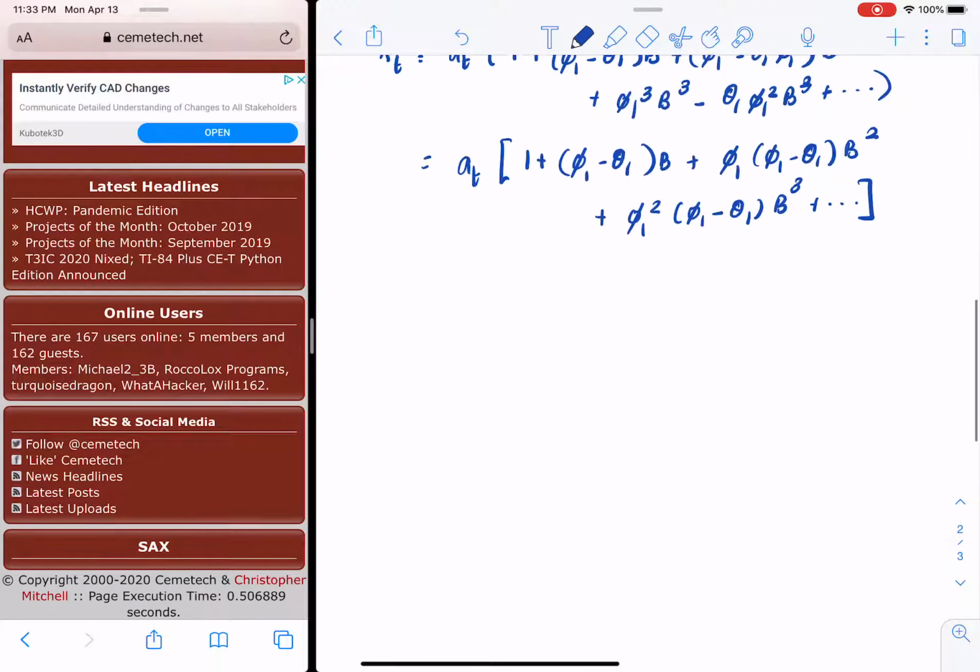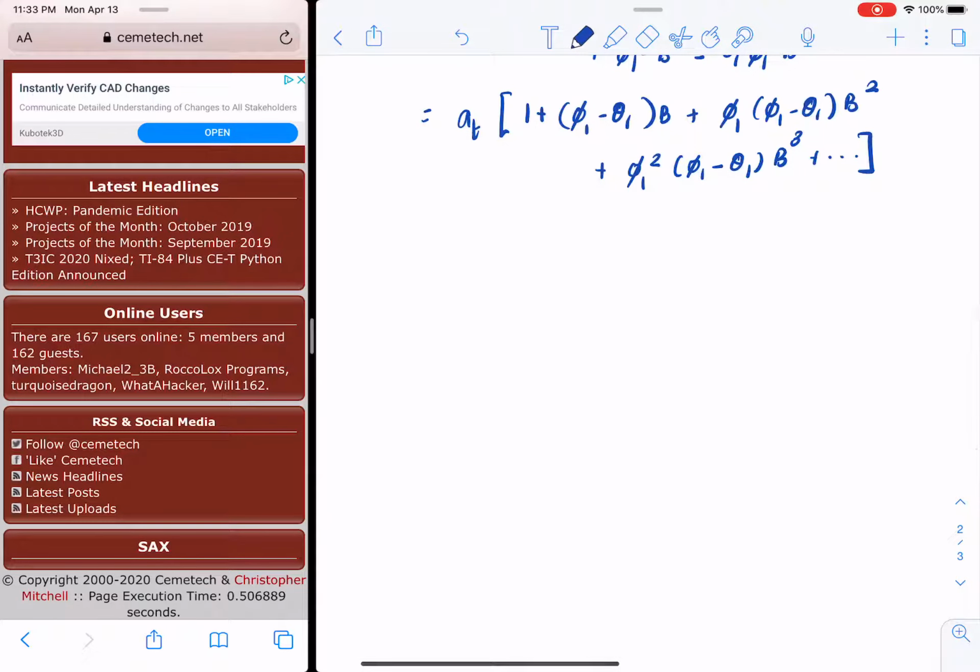Here I'm going to define psi_1 equals phi_1 minus theta_1, psi_2 equals phi_1 times (phi_1 minus theta_1), and psi_3 equals phi_1 squared times (phi_1 minus theta_1). And you may say, well, what about the other ones?